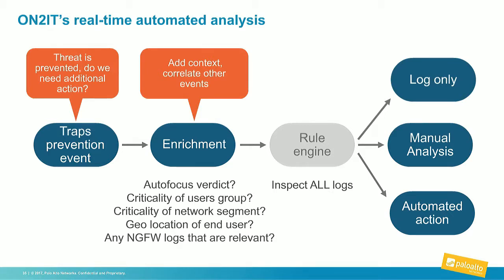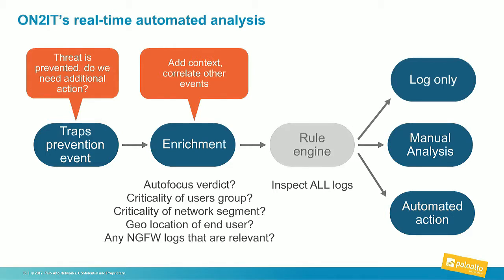Yeah, so lots of it we get from, for example, AutoFocus, because whenever we see malware somewhere, WildFire publishes into AutoFocus, which is the really big database of everything we know about bad files, bad actors, bad IPs, and it's fed by the specific customer that generated this event, but also by everybody else in the world.